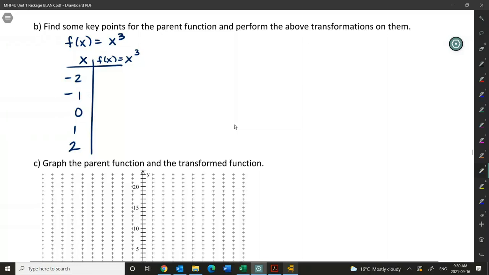So you're going to take each of these x's and cube them, get your y's. Okay, so -2 cubed, -8, -1 cubed, -1, 0 cubed, 0, 1 cubed, 1, 2 cubed, 8.